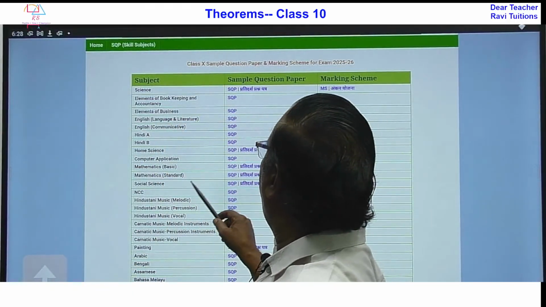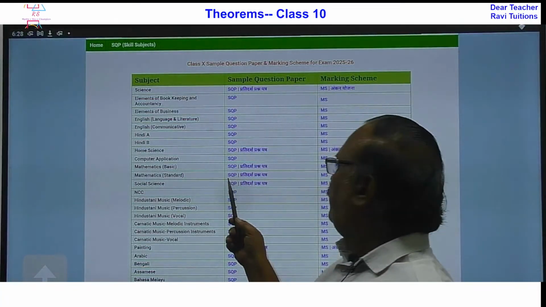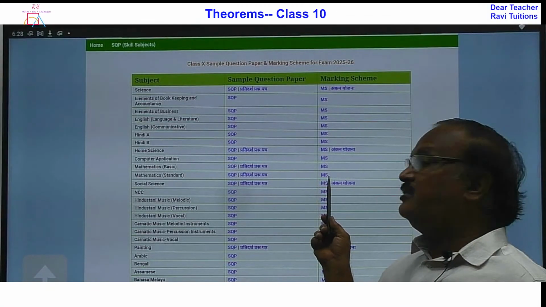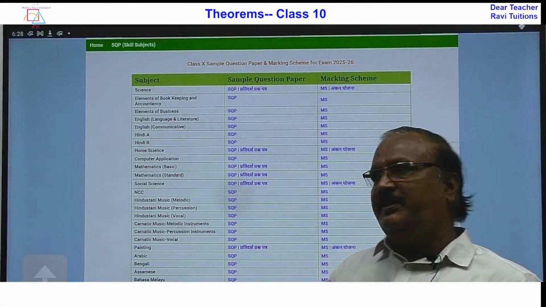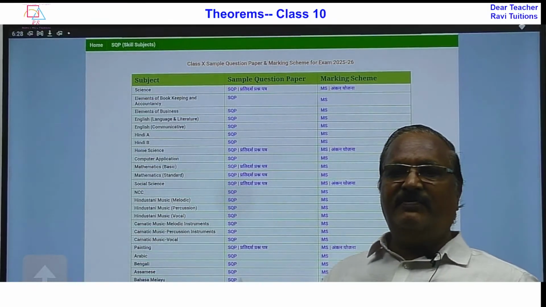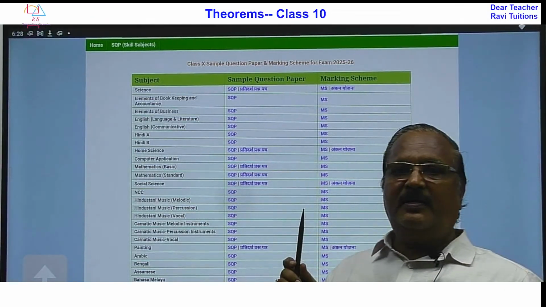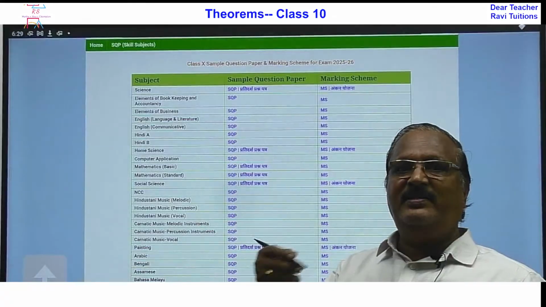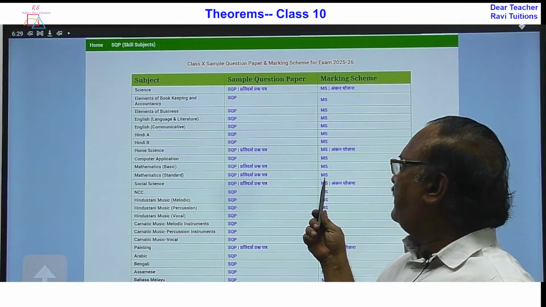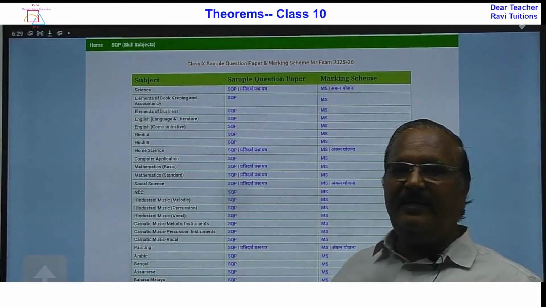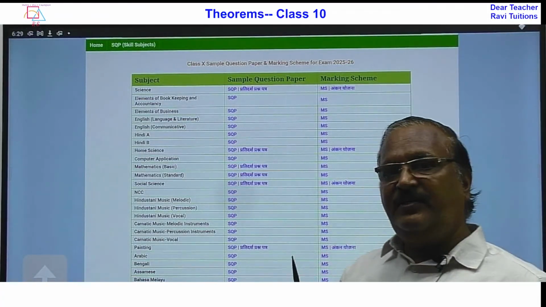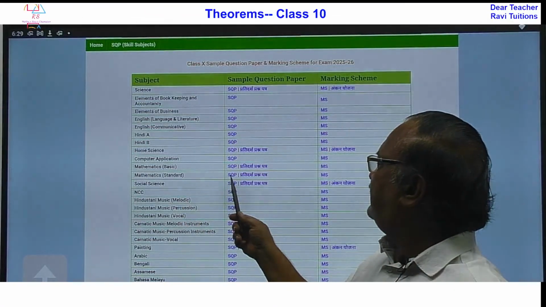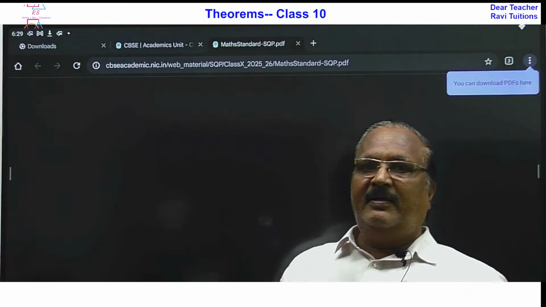Suppose you want standard: SQP is the sample question paper, and MS means marking scheme, that is, how CBSE will give marks for each question. This is also important, because if you know the marking scheme, it is easy for you to write the answers accordingly. Now I'll open the SQP, the maths question paper.